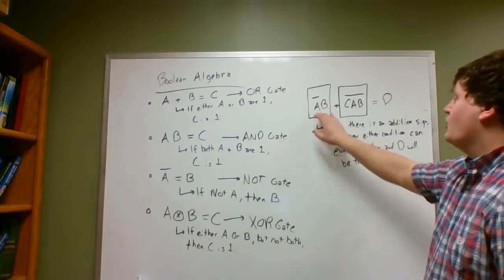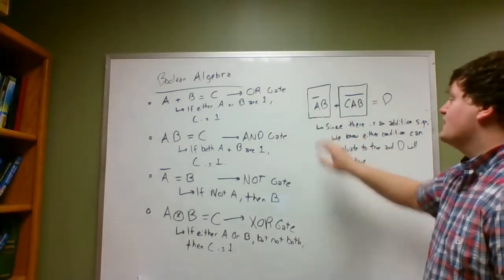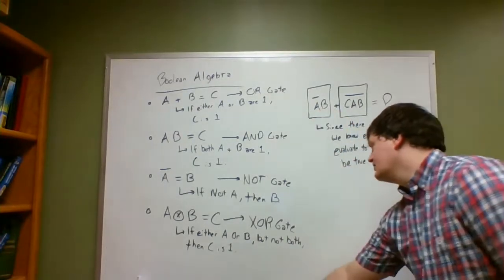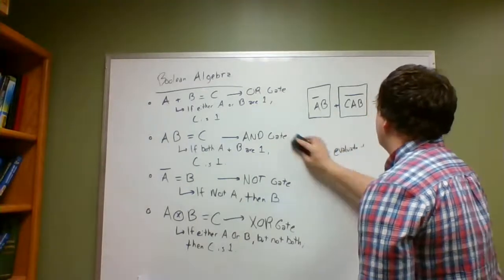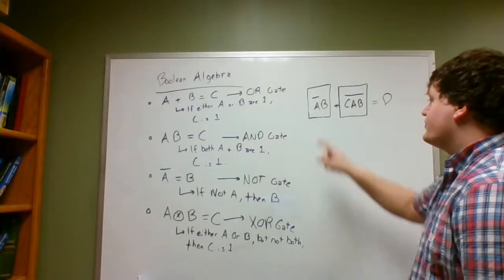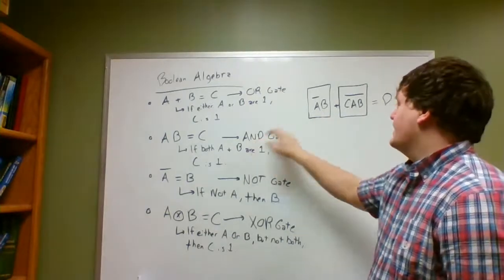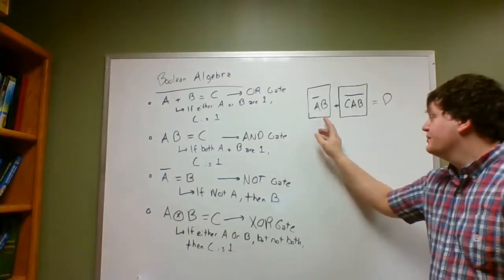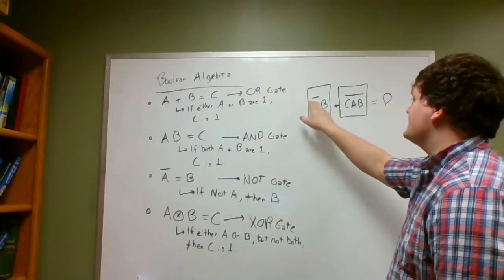Okay, so what we need to know is how do we now write this? In order for this to be true, this is an AND gate because they're multiplied by each other. And this is a not sign.